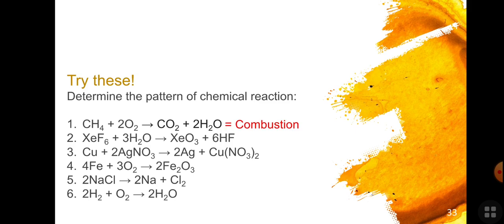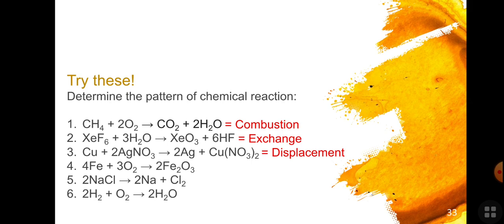Kung makikita po natin, that's CH4 plus 2O2 produces CO2 plus 2H2O. So that's combustion reaction. This one, we have exchange reaction. Nagpalit ng partner.